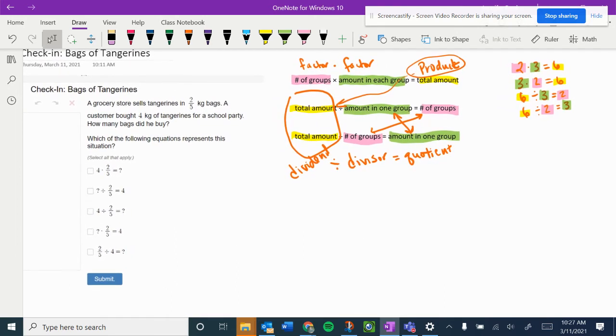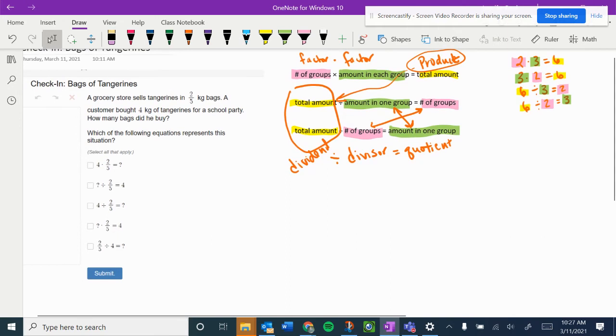A grocery store sells tangerines in 2/5 kilogram bags. A customer bought 4 kilograms of tangerines for a school party. How many bags did he buy?